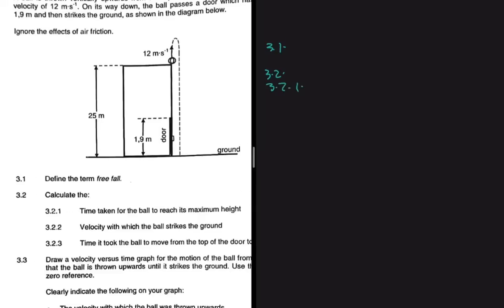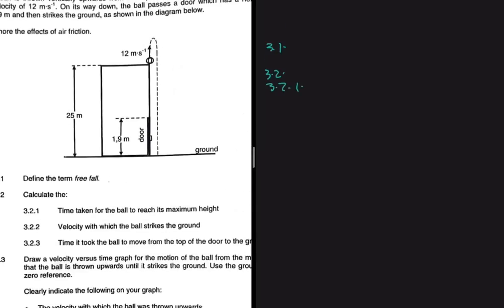3.2.1 is saying let's calculate the time taken for the ball to reach its maximum height, right? So let's do a bit of conceptualizing here. We are at the top of the building, and the ball is thrown up with some VI, which is equal to 12 meters per second. The ball goes up until it reaches some maximum height.